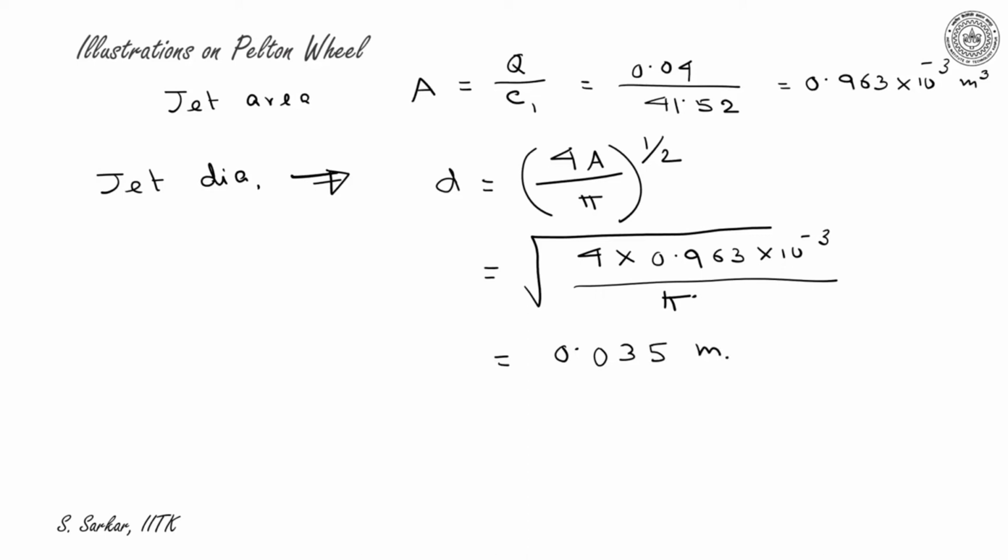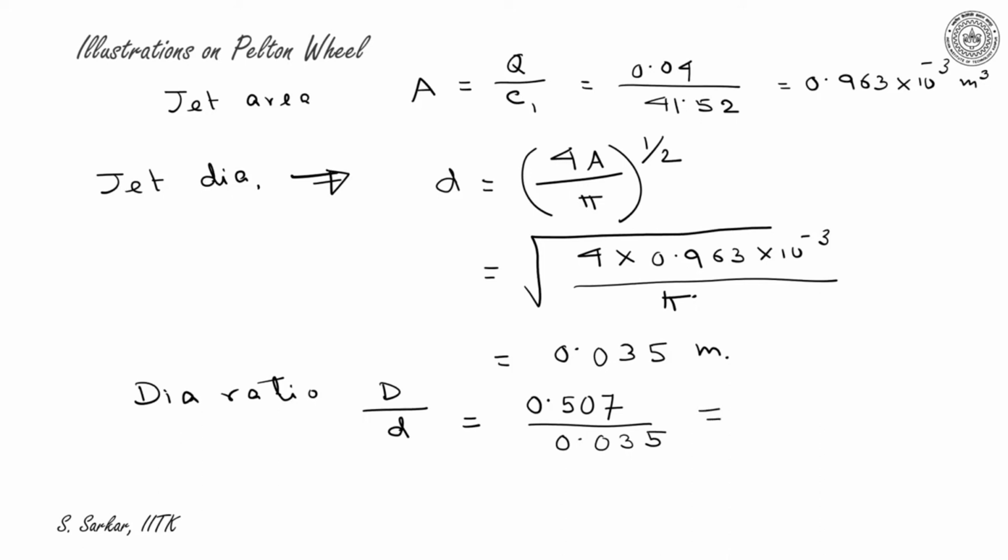As I have evaluated the jet diameter, the diameter ratio can be projected as the wheel diameter, capital D, divided by the jet diameter, which is equal to capital D is 0.507 divided by 0.035.